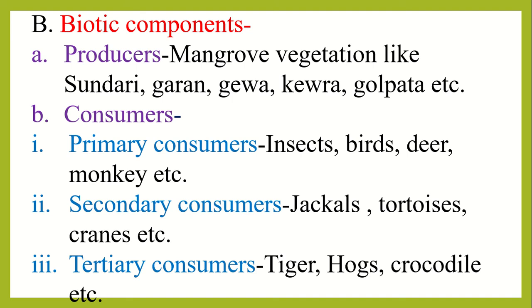Among tiger, hawks and crocodile, hawks are omnivores. That means hawks take their food from primary consumers or secondary consumers both. The tiger of Sundarbans is called Royal Bengal tiger, and the Royal Bengal tiger is world famous.